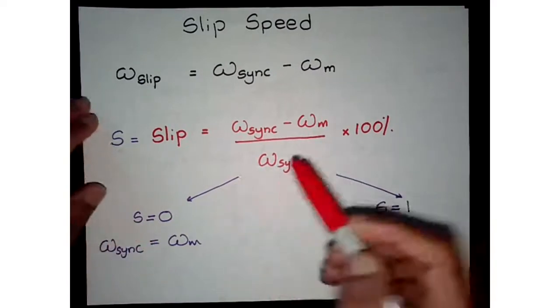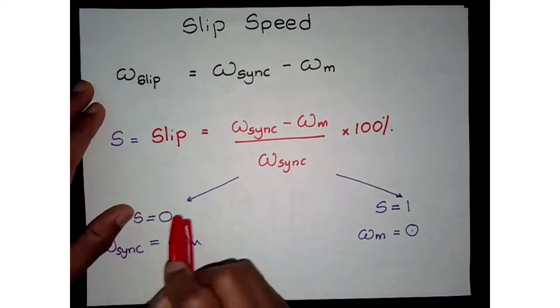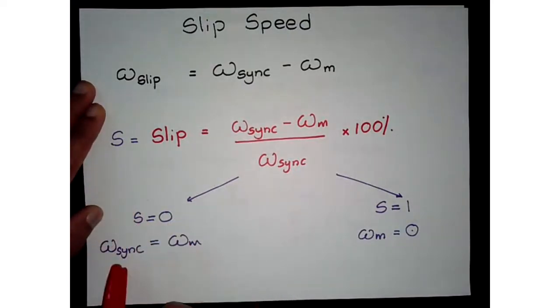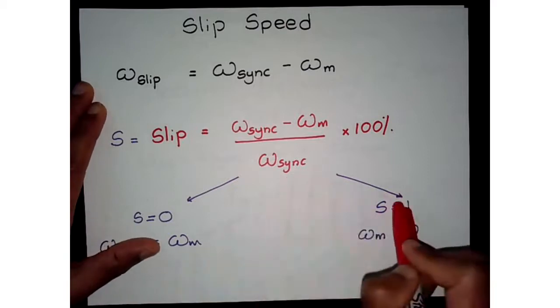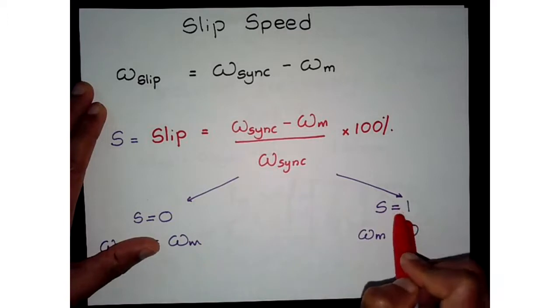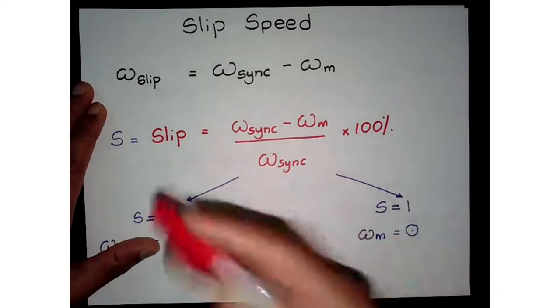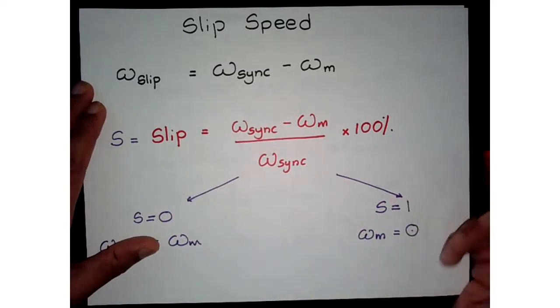Let's see how this is useful. Let's say our slip is 0. If slip is 0, that essentially means the motor is rotating at the synchronous speed, so there is no relative motion between the rotor flux and the motor. However, if slip is 1, that means the motor is at a standstill and the synchronous field is rotating at the synchronous frequency.